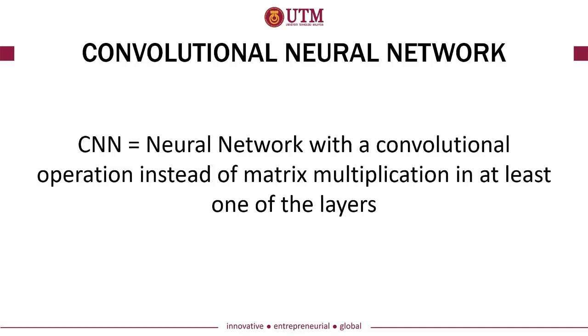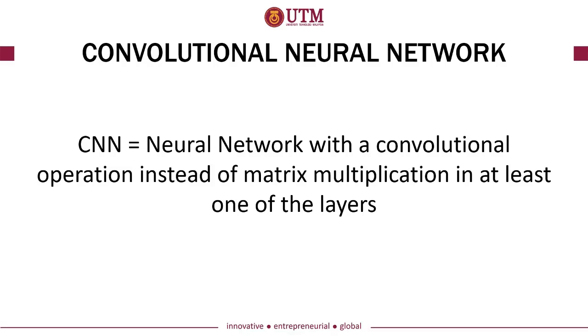So that is the definition of convolutional neural networks, meaning that if there's a network which has at least one convolutional operation, it doesn't matter which layer, then you can consider it a convolutional neural network.